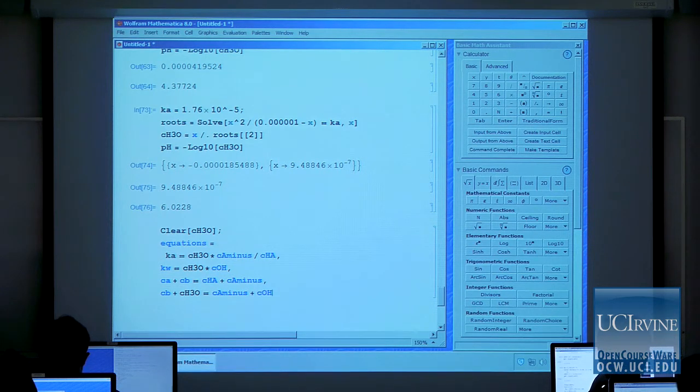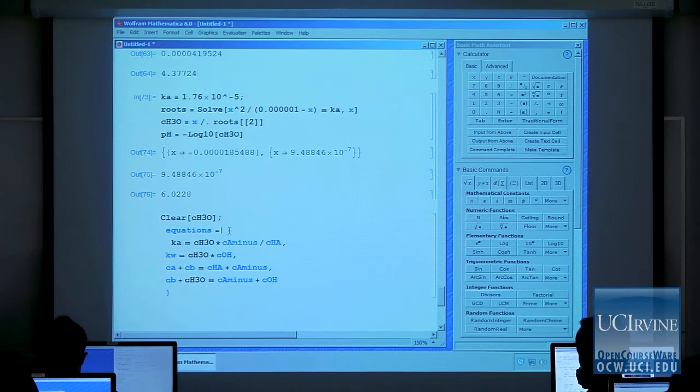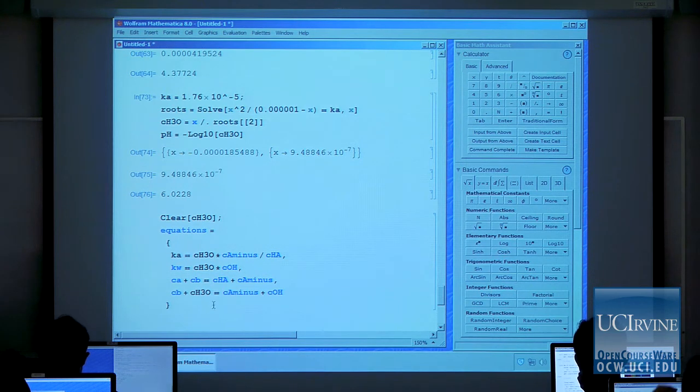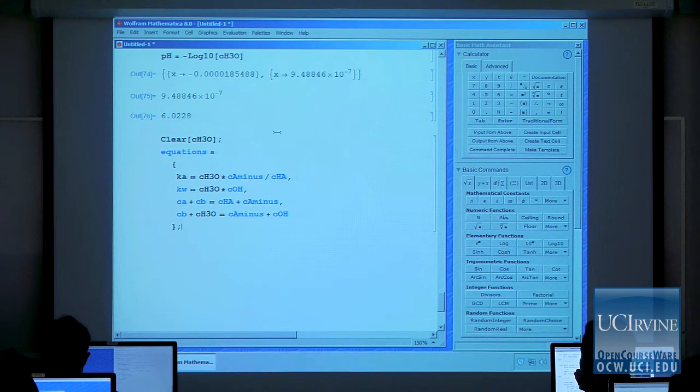Okay? Now I don't need a comma here. I can hit return. Put a curly bracket, I should have put one up here. And then I'm going to put a semicolon. Now you can see, by typing them in this way, we have a nice tidy array of equations that's easier to read than if we type them out all in one line.